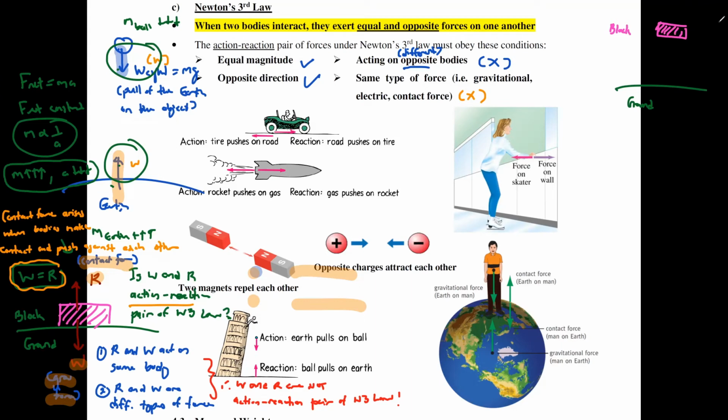On the block, there is the force of gravity acting on it, which you know as W. Now the force of gravity, the weight acting on the block, is a consequence of the Earth exerting a force onto the block.